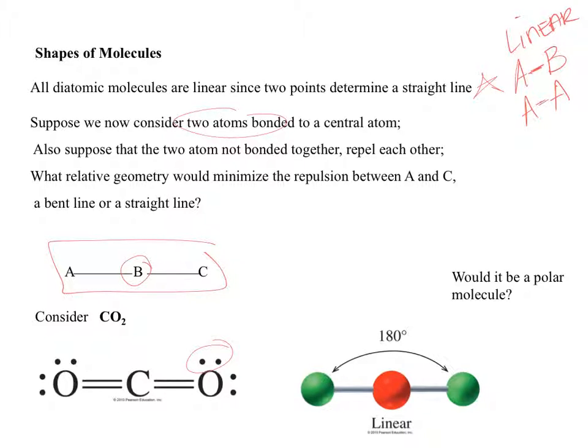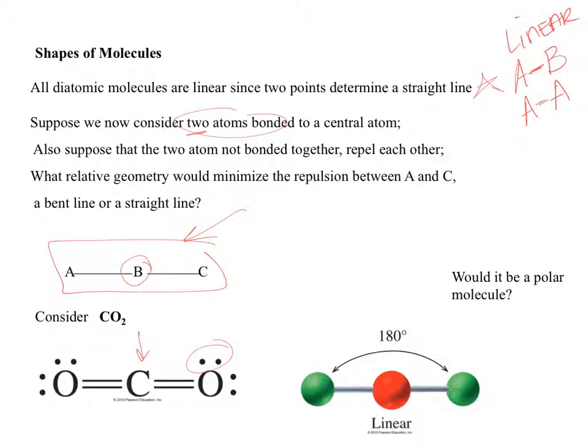We're going to be looking at a central atom and how many things are attached to it. So right here we're talking about two atoms bonded to a central atom. My central atom, the one in the middle, is the letter B. Or, if I was talking about carbon dioxide, carbon is the central atom.